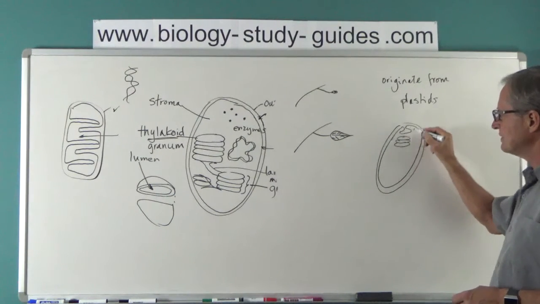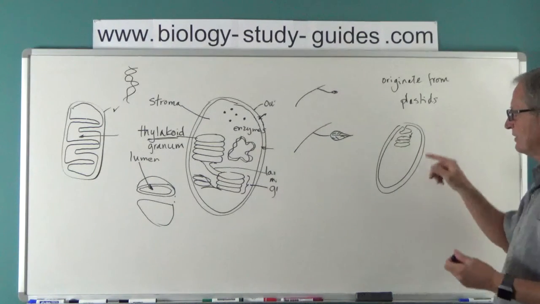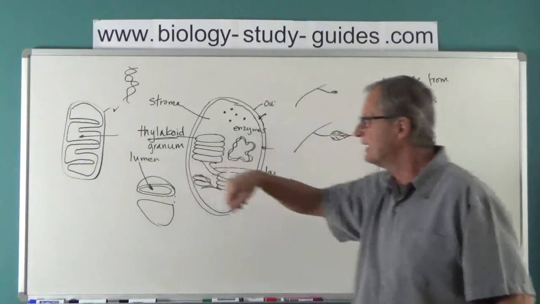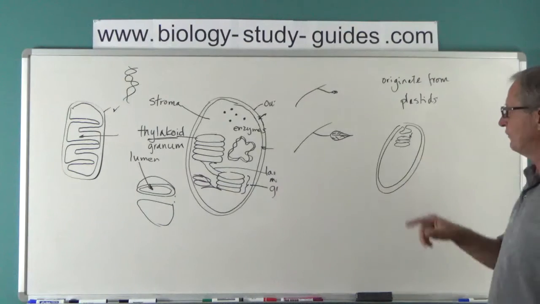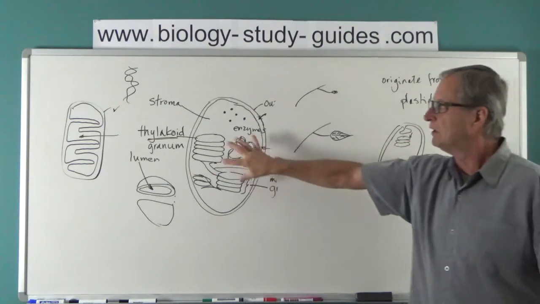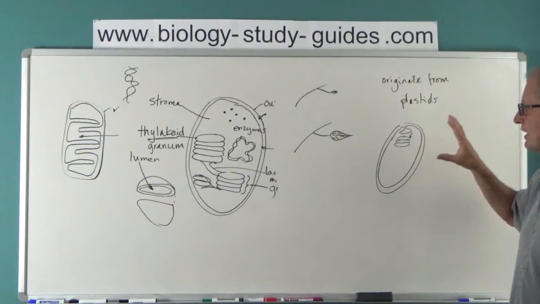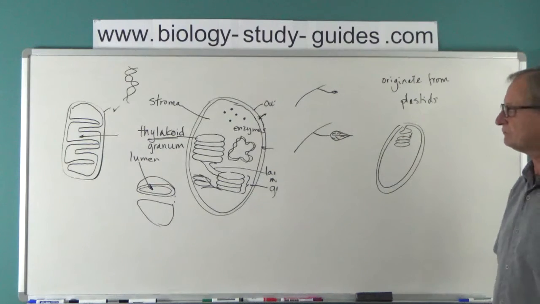So it'll form a series of these things. That's how these things are generated. So where the inner membrane here does provide all the surface area, the inner membrane here doesn't directly provide the surface area, but it gives rise to all this thylakoid membrane, the grana inside. So it does give rise to all of that surface area. Okay?